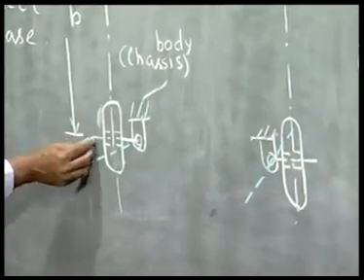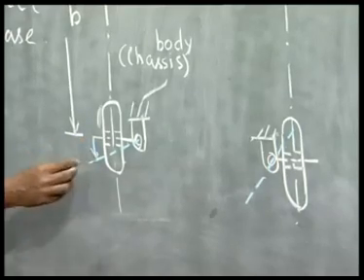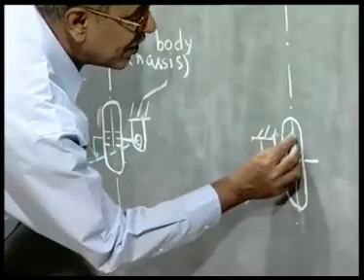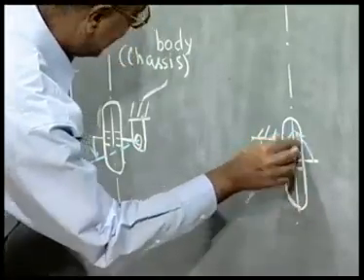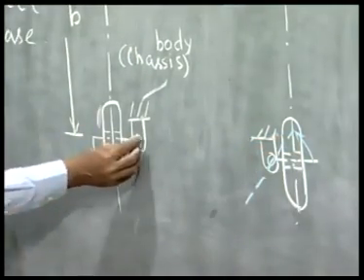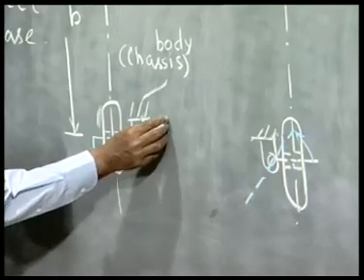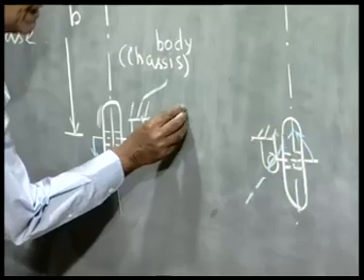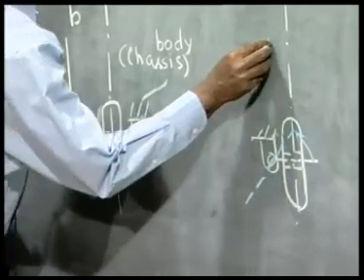These two rotations must be such that all these axles must intersect at one point.